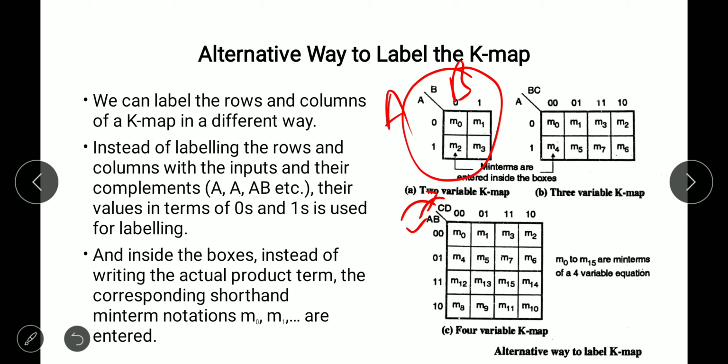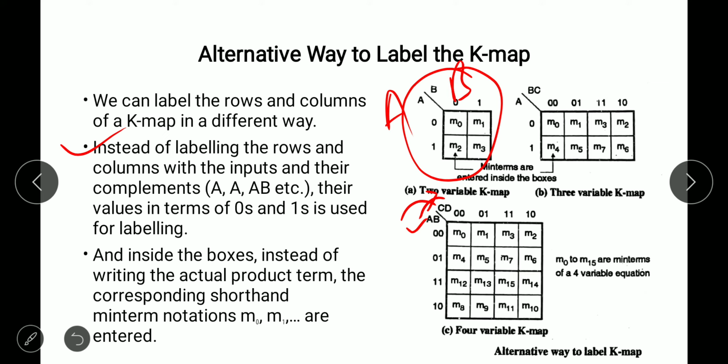Instead of labeling the rows and columns with the inputs and their complements, like a and a b etc., their values in terms of zeros and ones are used for labeling. And inside the boxes, instead of writing the actual product term, the corresponding shorthand min term notations M are entered.